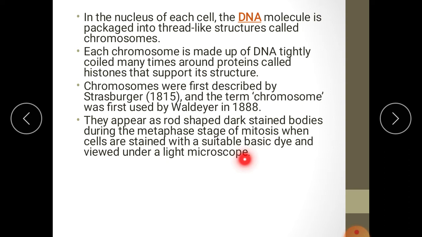They are seen during the metaphase stage of mitosis, not in the interphase stage. In the interphase stage, we cannot see the chromosomes. Chromosome condensation begins during cell division. Its condensation is of the highest degree during the metaphase stage of mitosis.